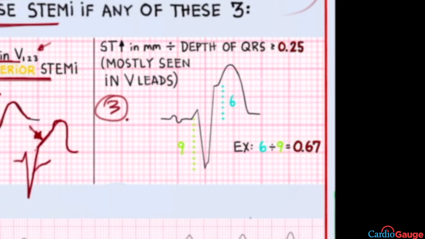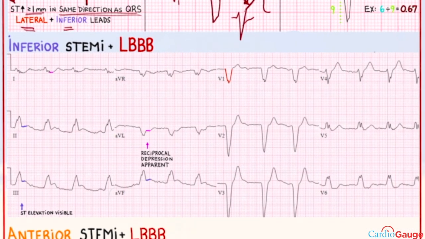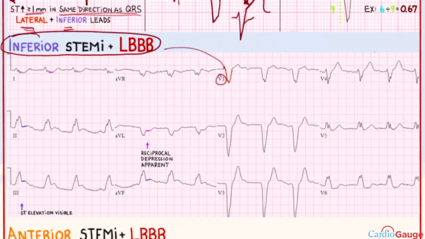Let's do some examples. Here we're looking at inferior STEMI and left bundle branch block. If you look at V1, it looks pretty much like a left bundle. Same thing down here, V6, classic left bundle. It's not so classic in lead 1, but close enough. So we've got a left bundle, and say the patient's having chest pain, we want to look for ST elevation.